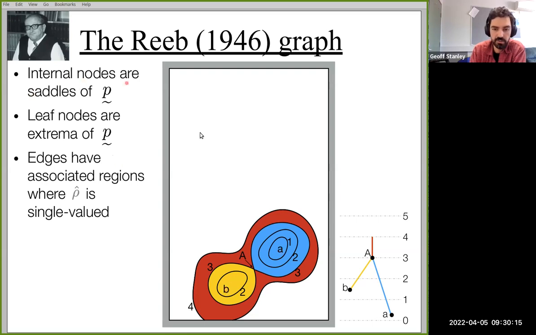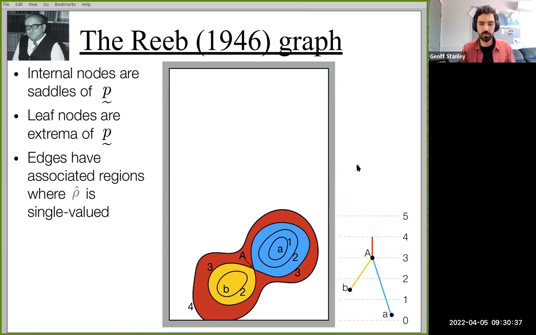Whereas internal nodes, so the capital A here, correspond to saddle points of the pressure field. And each edge of the graph is associated with a region in physical space. So the yellow region here is associated with a region where the rho hat function is single valued.